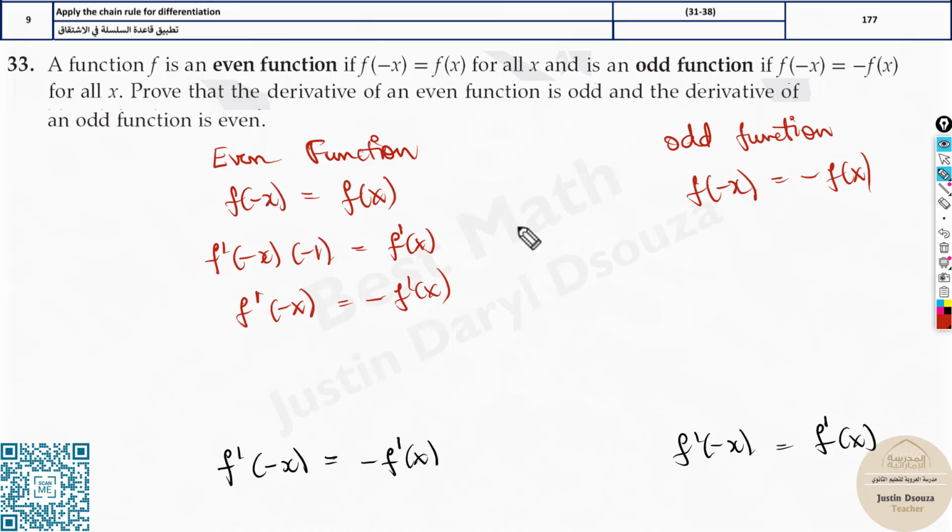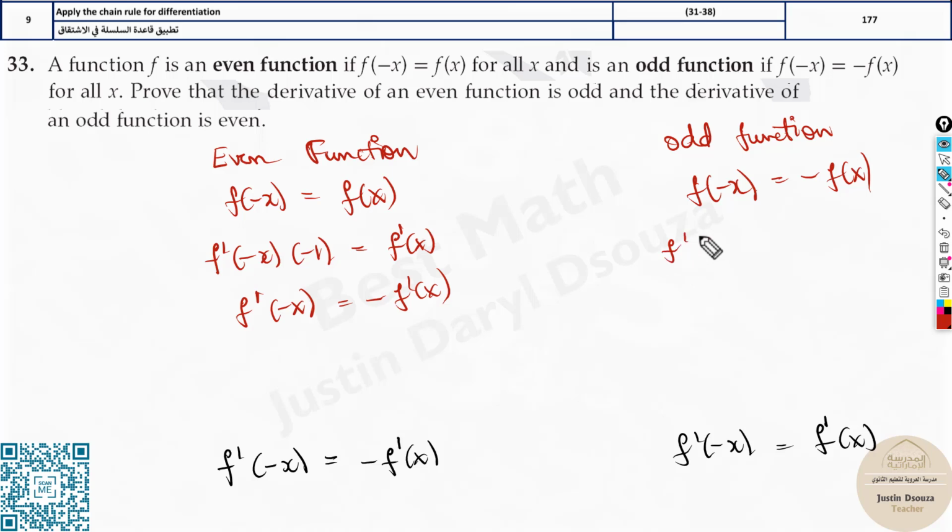See, an even function means f of minus x must be equal to f of x, whereas for an odd function f of minus x would be equal to minus f of x. Now when we derive this function here, we are getting minus f prime of x. That means yes, this is odd because minus is there outside. Let's derive the other one now.